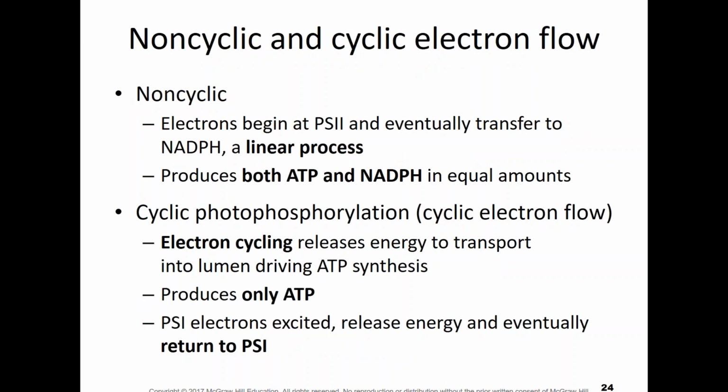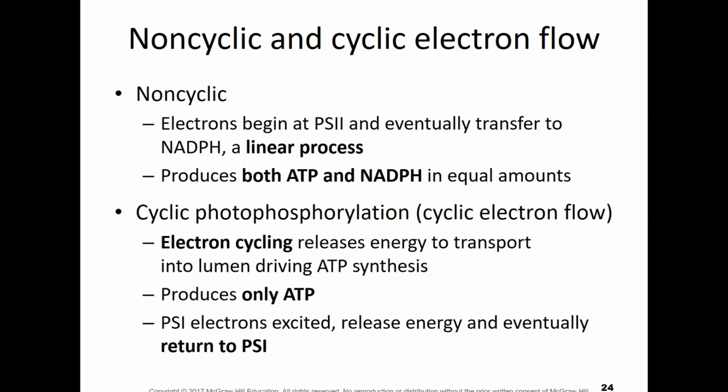So this is a linear process, right? It's really a non-cyclic process. The whole thing starts at photosystem 2, and eventually electrons get to photosystem 1 and NADPH. It's linear. And it produces ATP and NADPH in equal amounts. But then there's also a cyclic photophosphorylation, where this electron cycling releases energy into the lumen, and only ATP is produced.